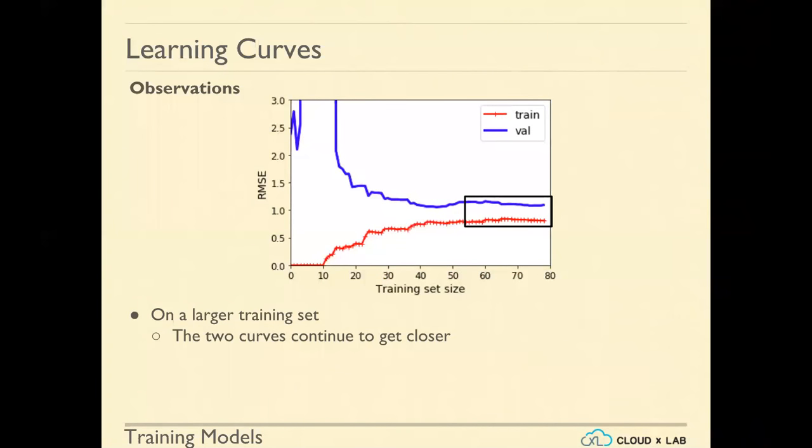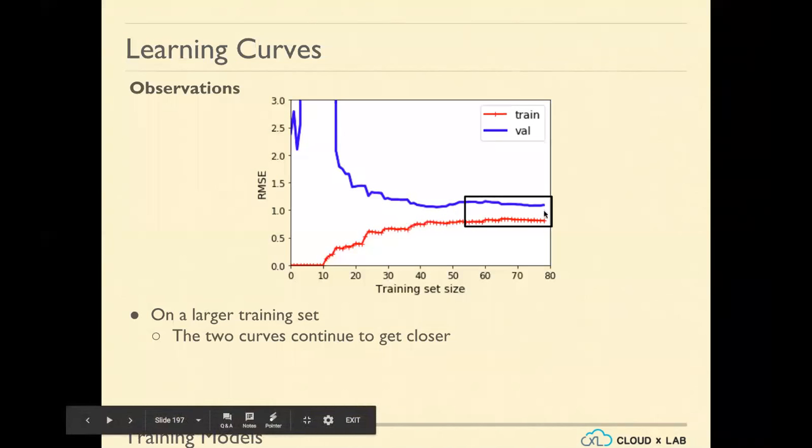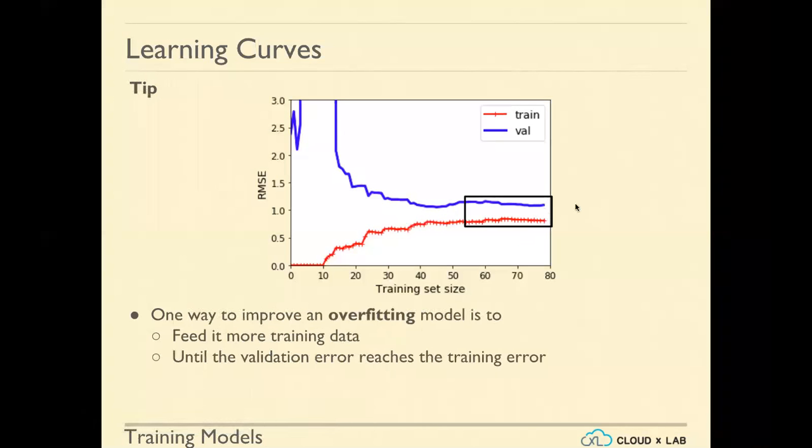Even though as the data grows, both of the curves seem to get a little closer, the gap would remain. So one way to improve an overfitting model is to feed it more training data until the validation error reaches the training error. Eventually it might converge, on really huge data.